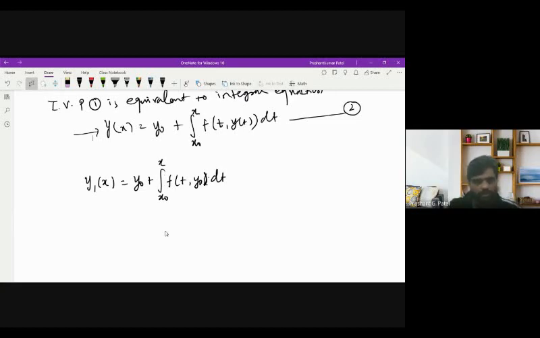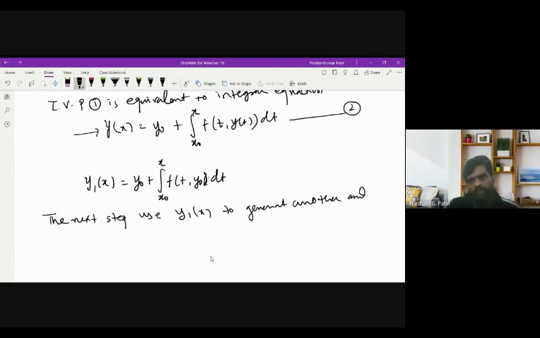In the next step, use y1 of x to generate another and better approximation.